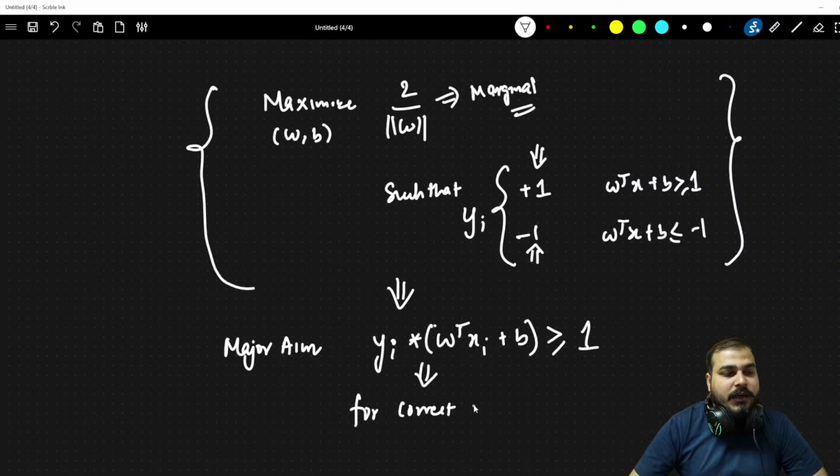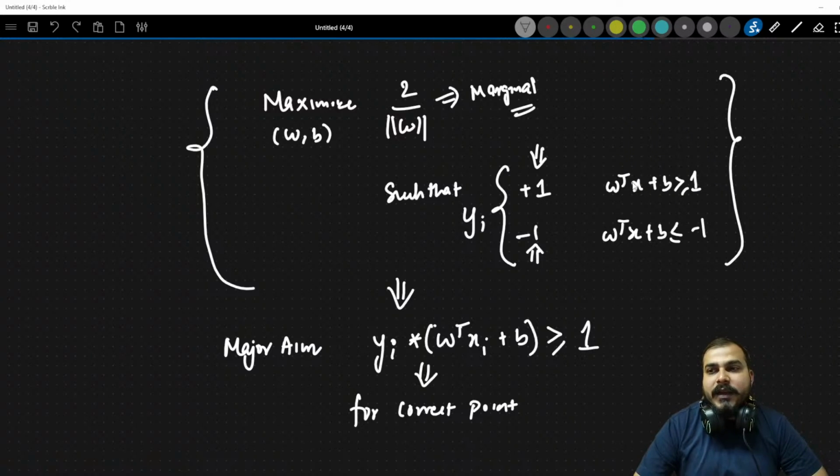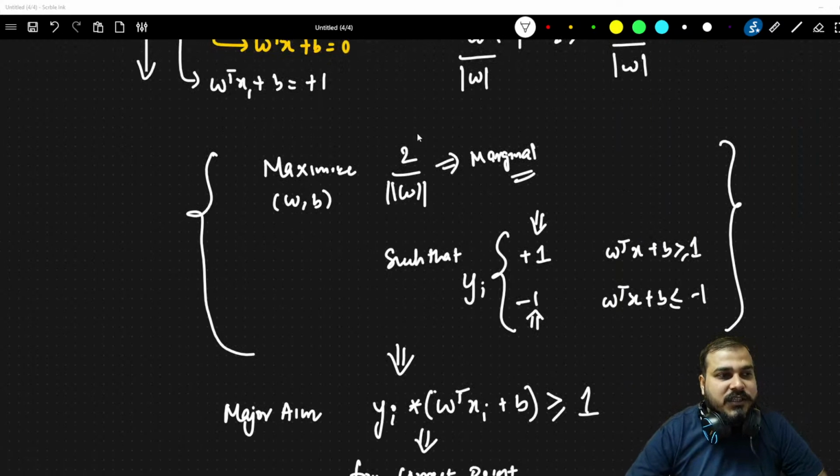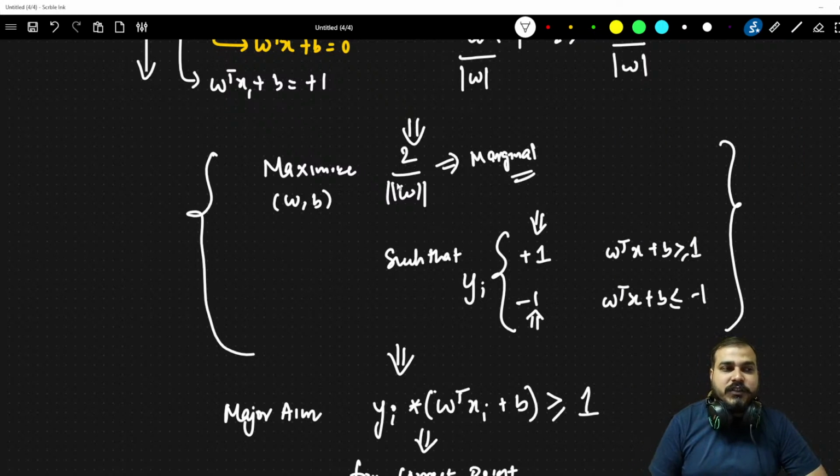Because if it is minus 1 and it is a correct point, minus into minus will obviously be greater than or equal to 1. Similarly for the positive case, it will be greater than 1. So I can say that my major aim is that if I multiply y of i with this, it will always be greater than or equal to 1, which definitely says it will be a positive value. This is just a representation, guys, but understand what the maximized cost function is.